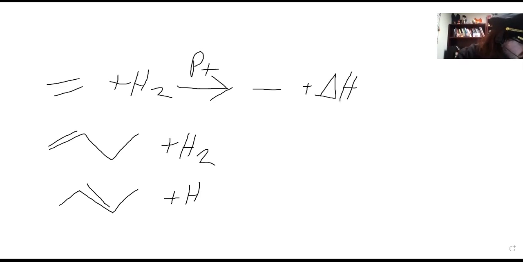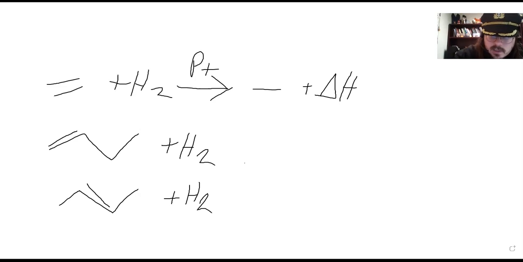we get more energy out of the internal alkene, because as we know, the internal alkene is more stable. The terminal, less substituted alkene is less stable.